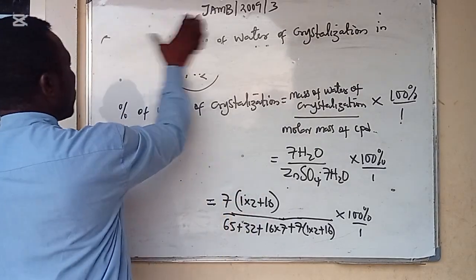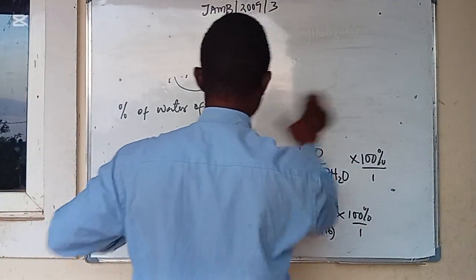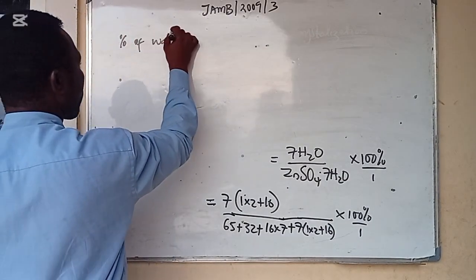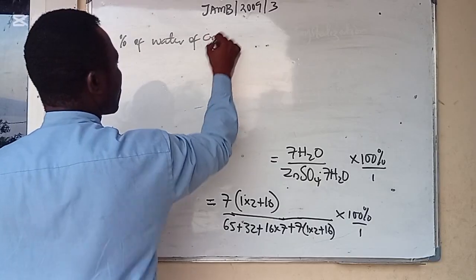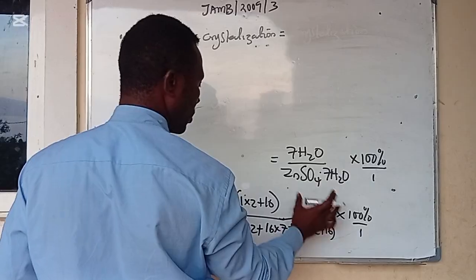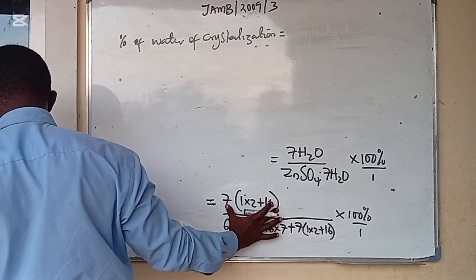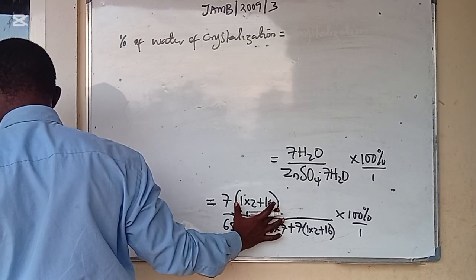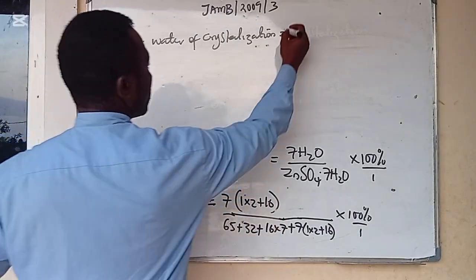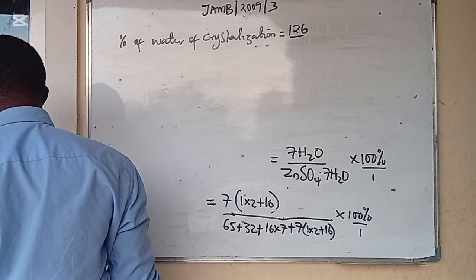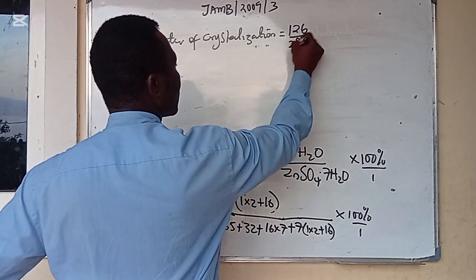So when we calculate this, the percentage of water of crystallization will be equal to, by calculator, 126 over the total molar mass, which, because of time, is 287.